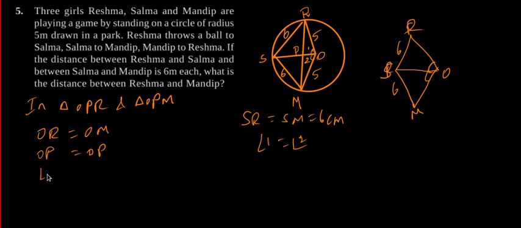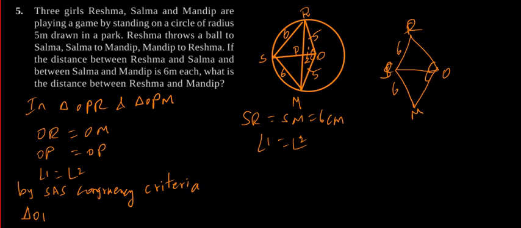Angle 1 equal to angle 2, OR equal to OM, and OP is the common side. So we are getting side angle side. By SAS congruency criteria, we can say triangle OPR is congruent to triangle OPM.